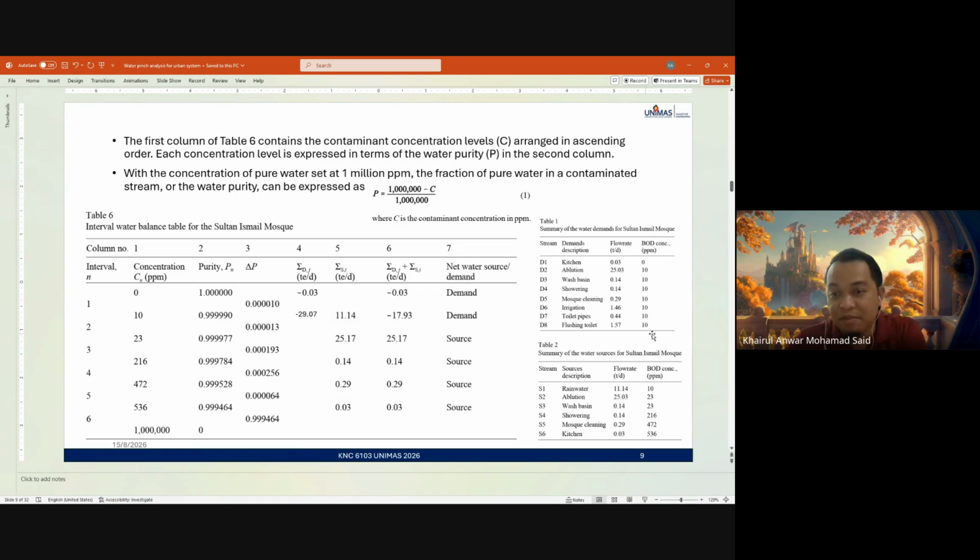So this table, you get it from the water network.